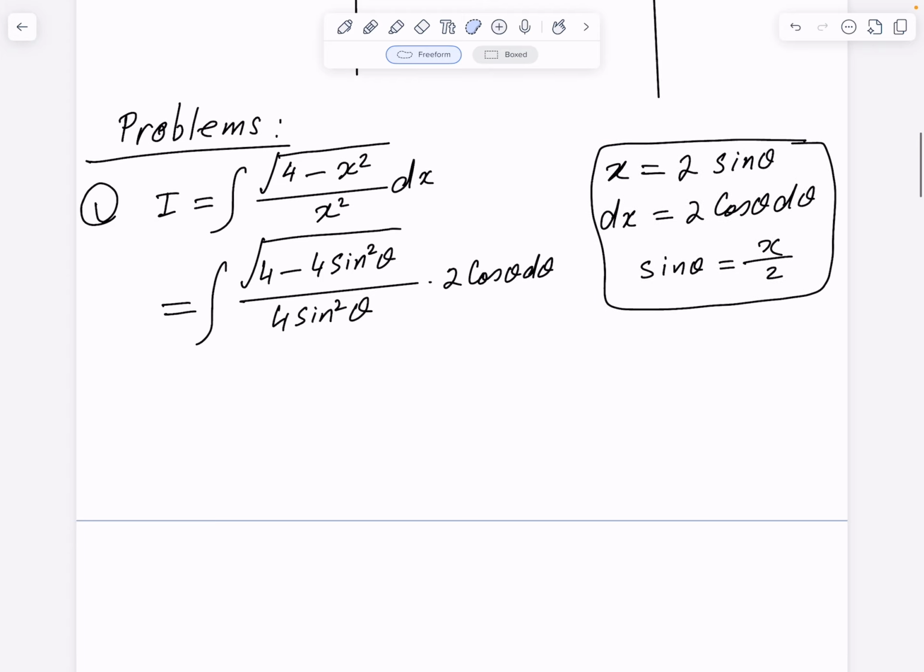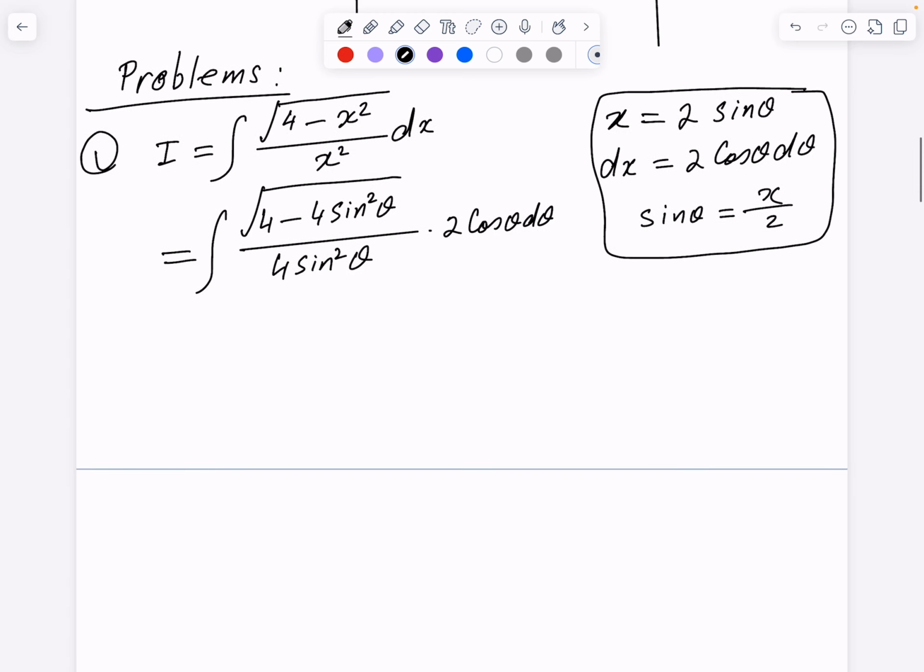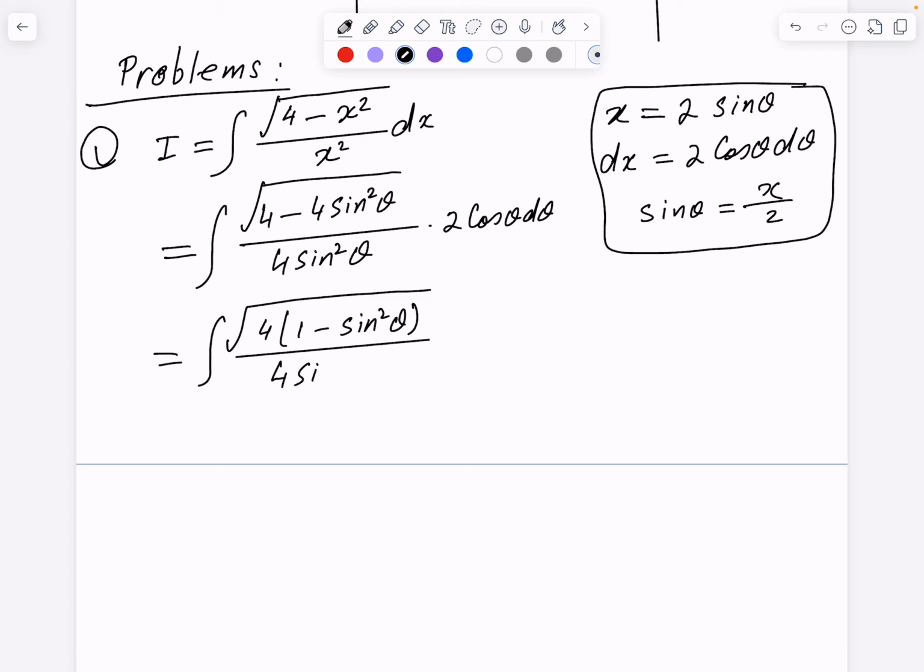All right. So we're going to have the integral of, this is 4, common factor, 1 minus sine squared theta under the square root divided by 4 sine squared theta, and here we're having 2 cosine theta d theta.